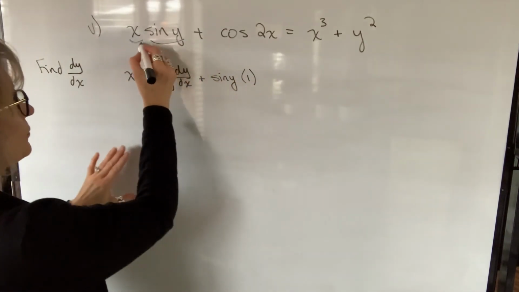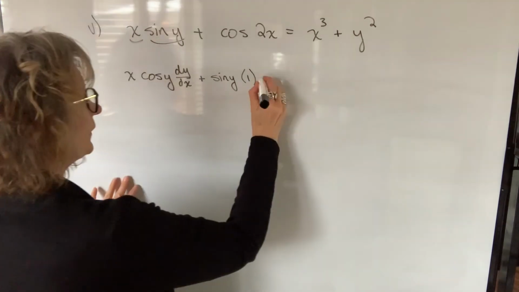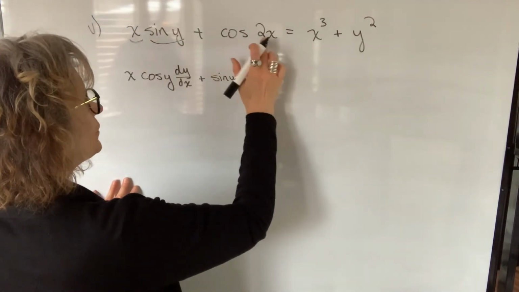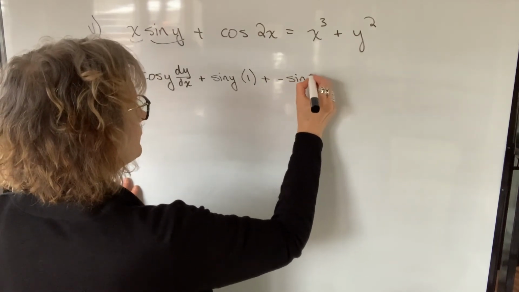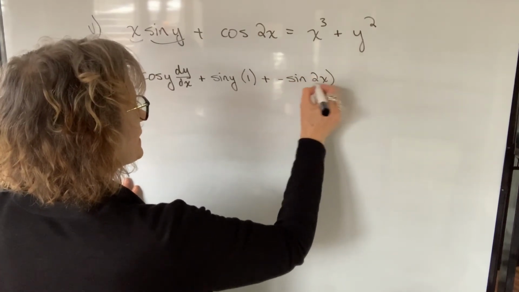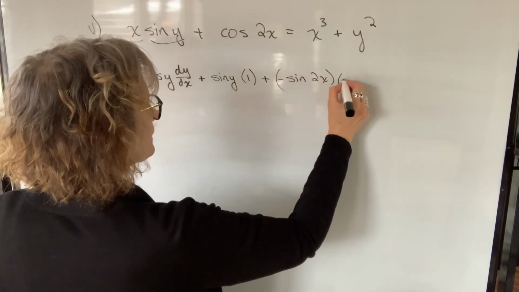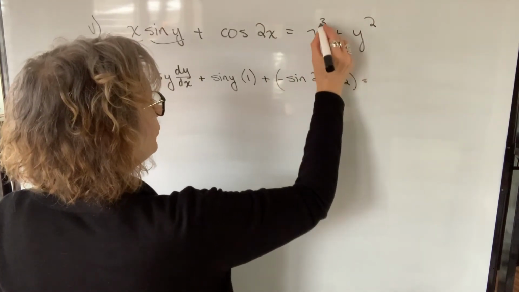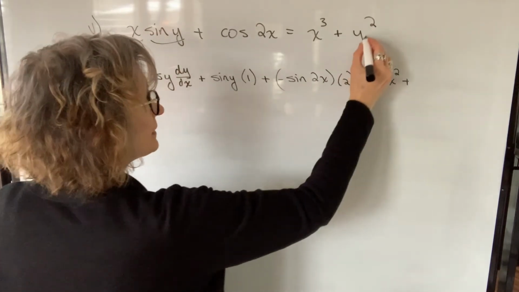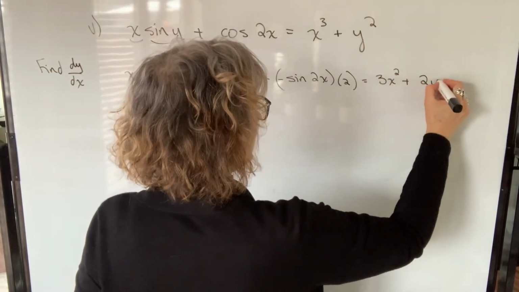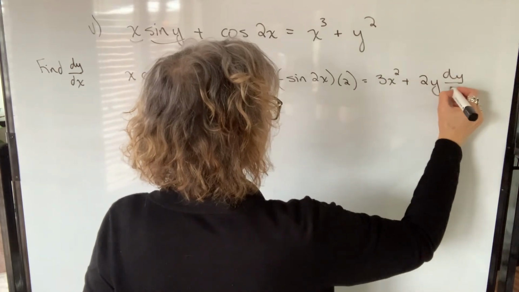These two terms are the result of differentiating that product. Plus cos of 2x, the derivative of cos of a function is negative sine of a function, times the derivative of 2x, will equal 3x squared, plus the derivative of y squared would be 2y times dy dx.